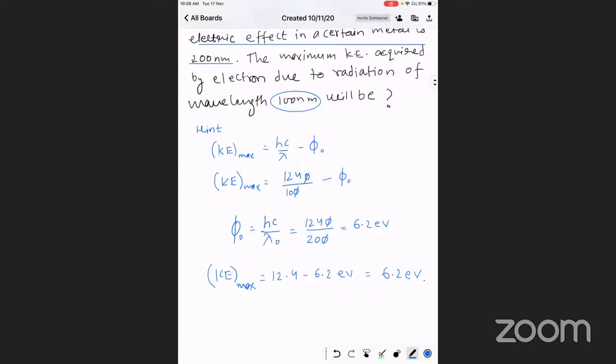सर आवाज नहीं आ रही। One minute connecting again.